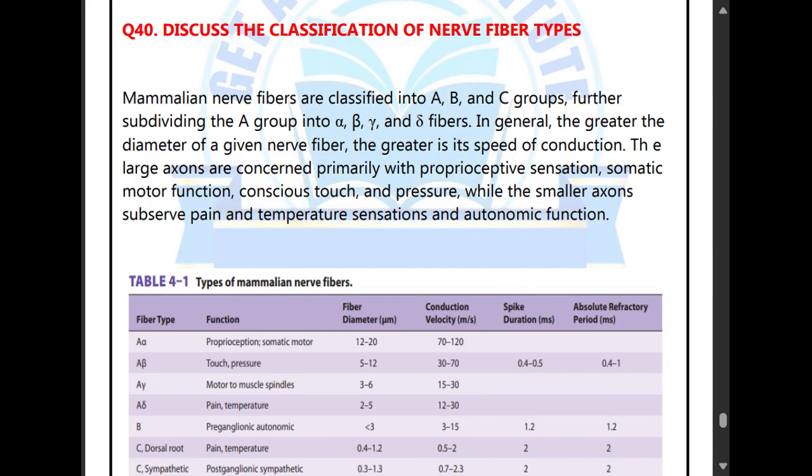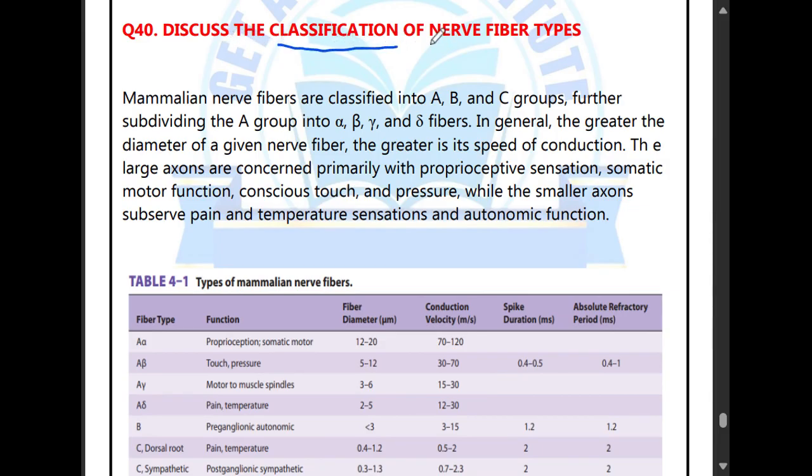This is a rare question, but if it finds you, most people fall victim because it is rarely asked, but it's something that you need to know under nerve physiology. The question says, discuss the classification of nerve fiber types.